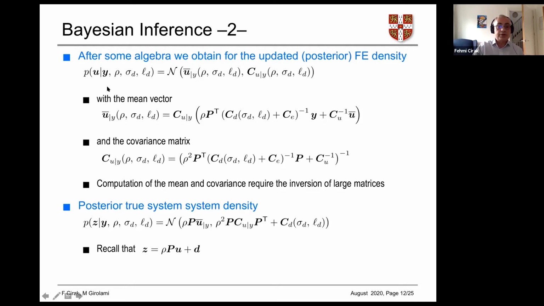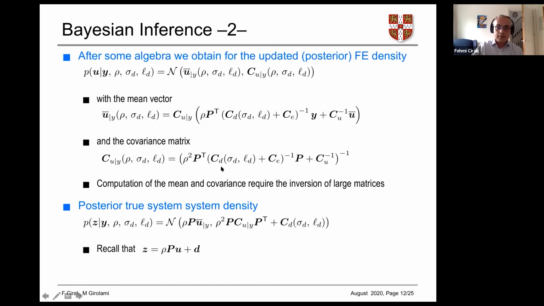So for the posterior, the updated finite element solution, after some math and algebra, we obtain a normal distribution with a mean vector shown here and a covariance matrix shown here. The bar indicates the mean and covariance after we know the data Y.